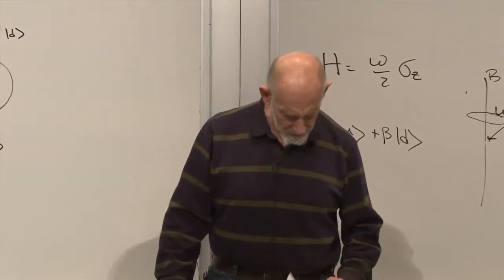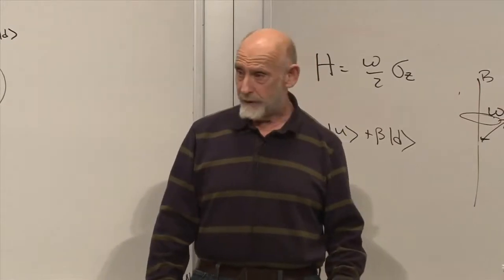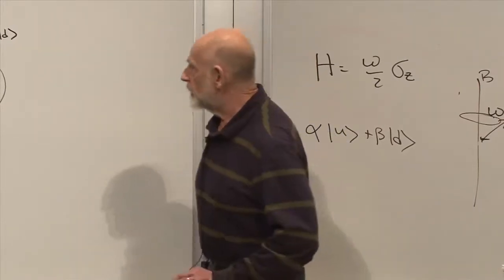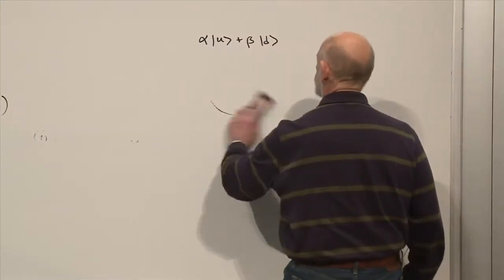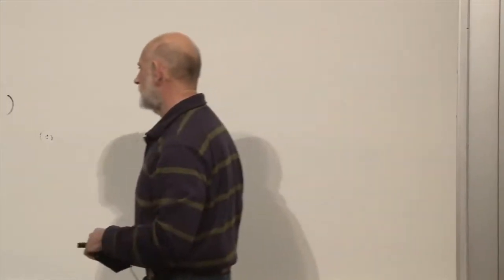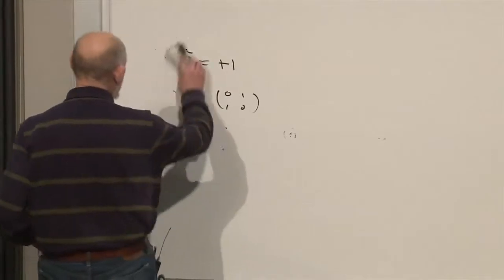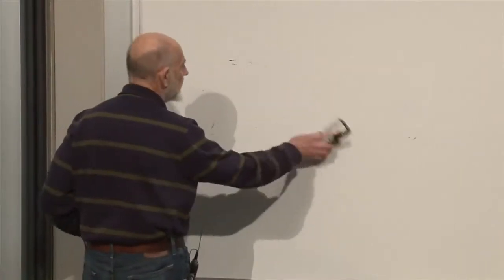I had a few words to say about the collapse of a wave function. Let's just talk for a moment about the idea of collapse of the wave function. We talked about how quantum states evolve according to the Schrödinger equation.